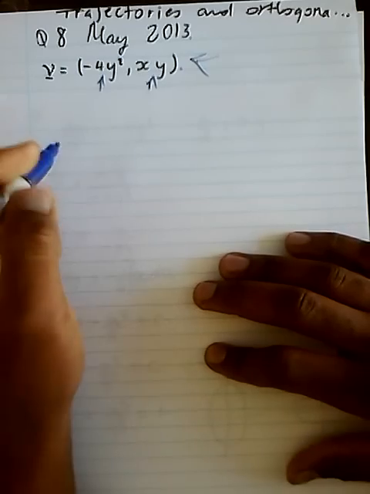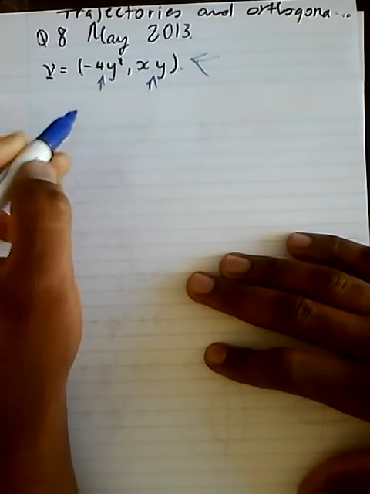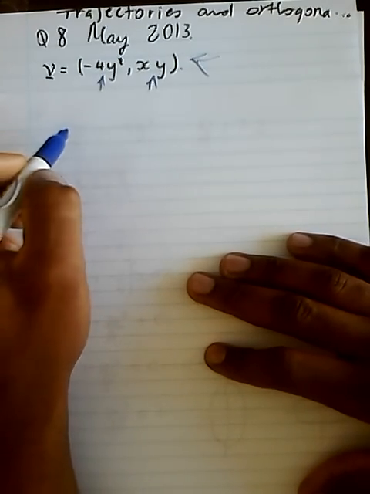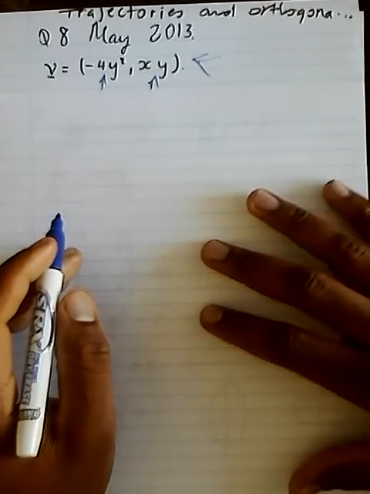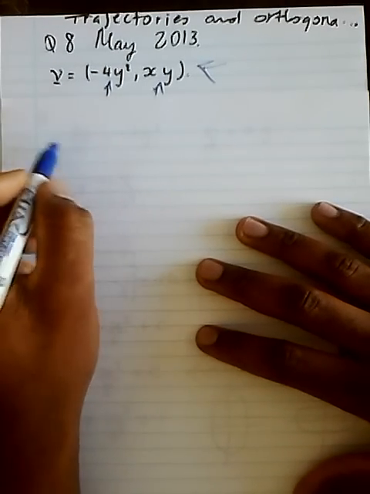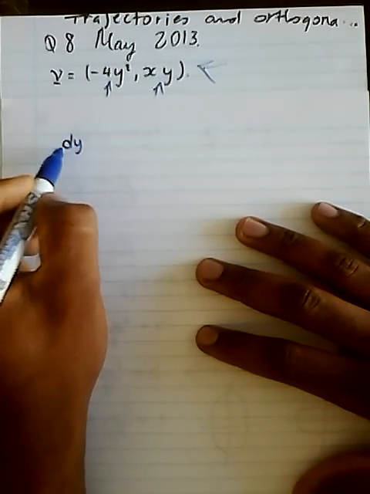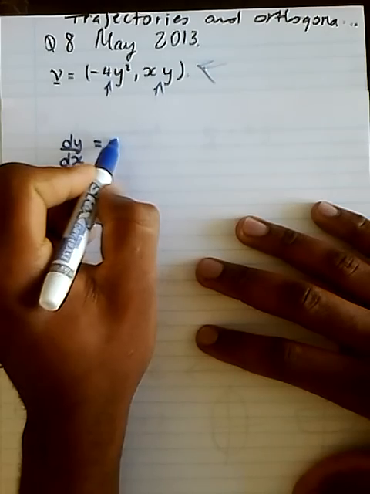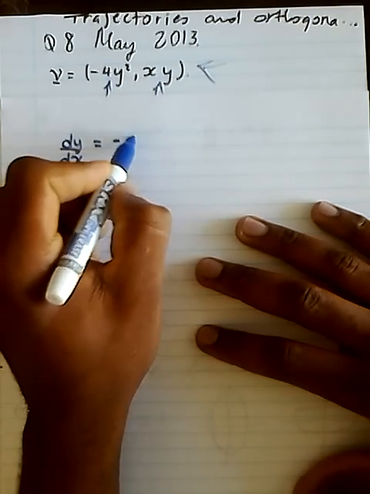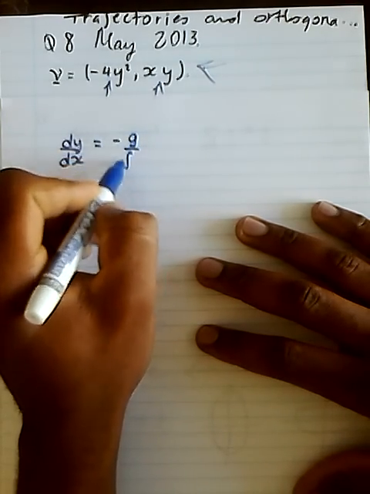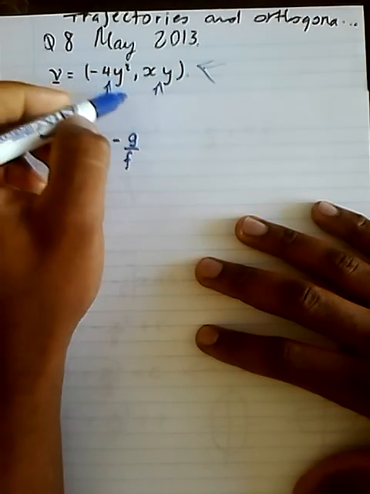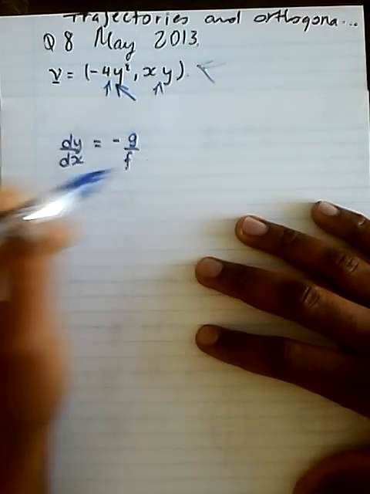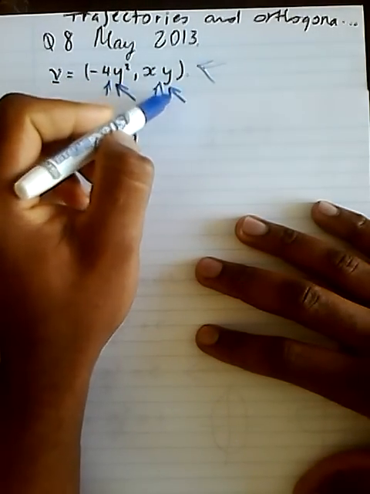Remember we said that with orthogonal trajectories, what we actually have to determine is dy/dx is equal to minus g over f, where g is this and f is that.